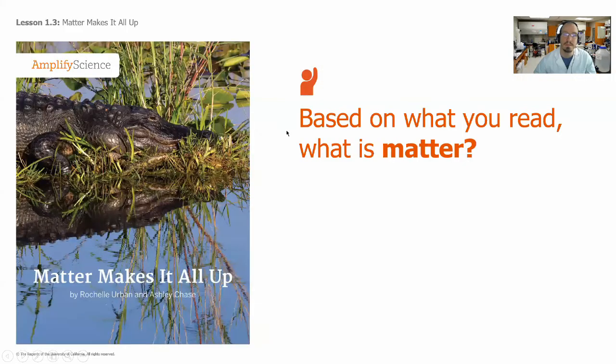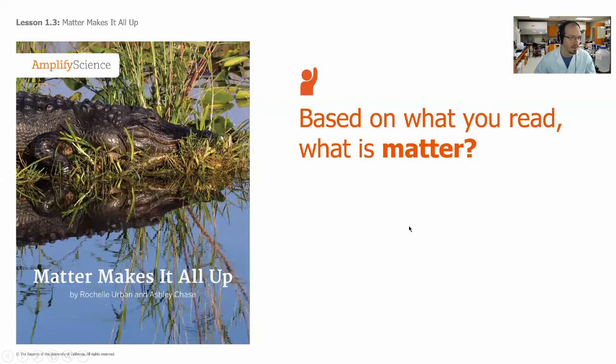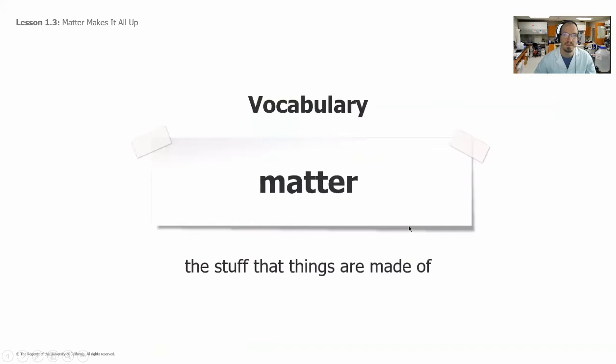All right, so based on what you read, what is matter? So we saw this back in Unit 2, and matter is just the stuff that things are made of. So all the stuff, anything that takes up room and has mass to it, is matter.